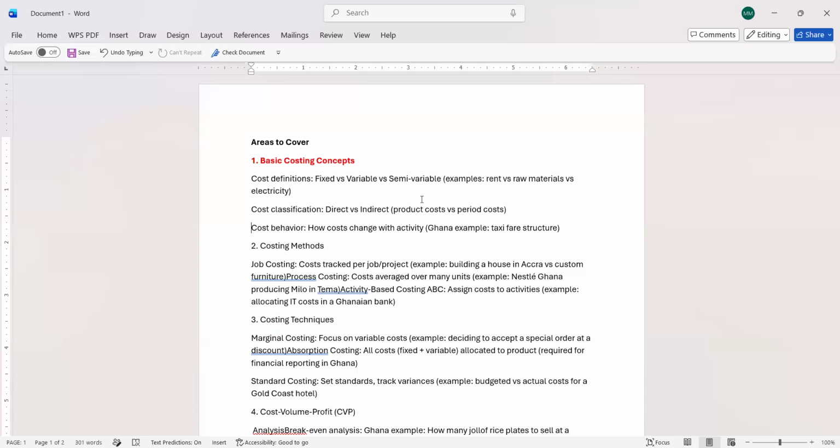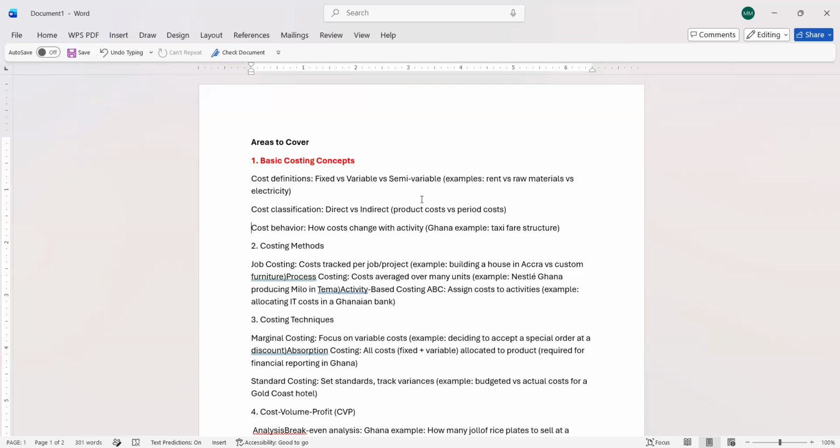Costs that are directly related to the production of goods or services, or that can be traced to a particular product or service, are termed direct costs.